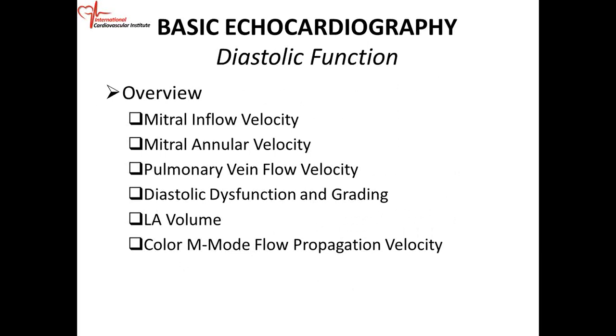That's very important, because one of the earliest problems with diastolic dysfunction is that the up and down movement of the mitral annular plane is going to be affected. And we think diastolic dysfunction is really a muscle disease.